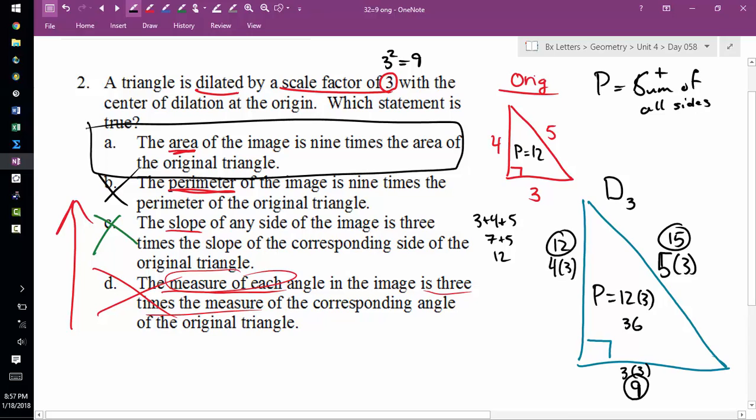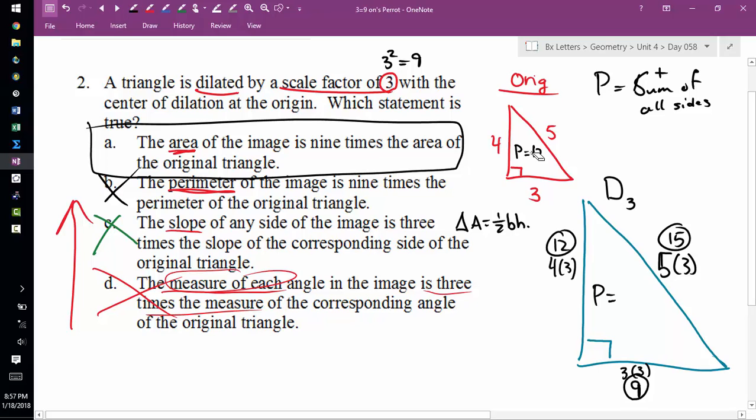And even if you weren't able to recall that fact from our unit on dilations and similarity, you could still test it out. You could literally calculate the area of both triangles, because triangle area equals 1/2 base times height.